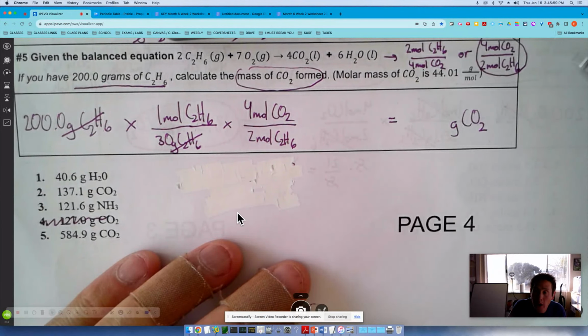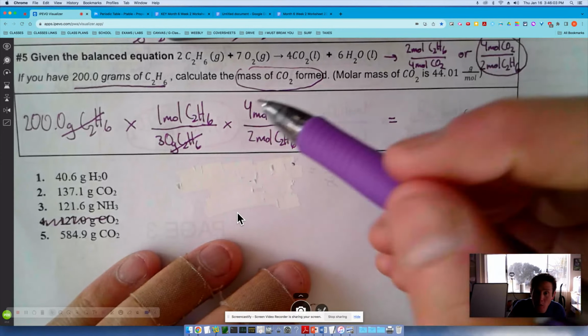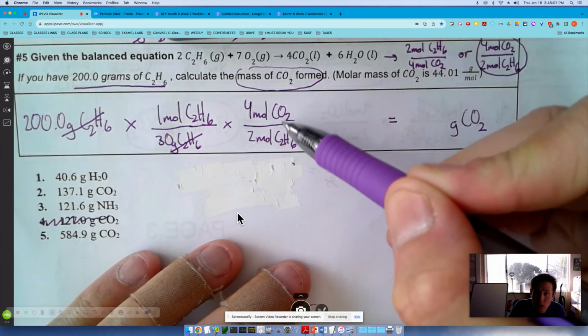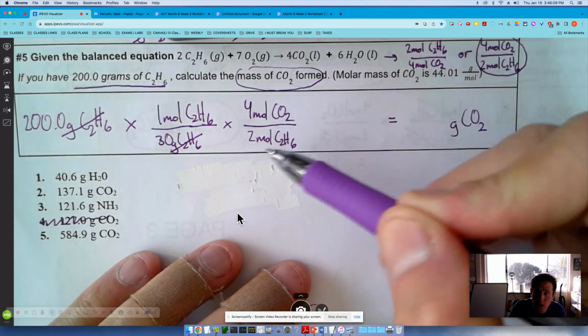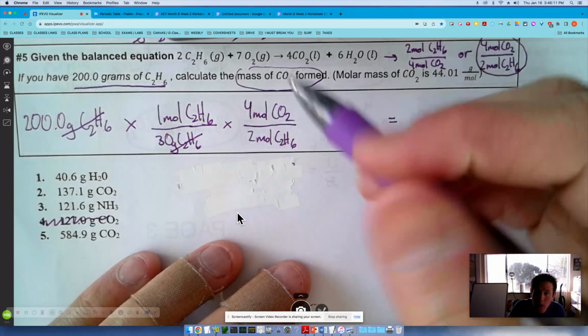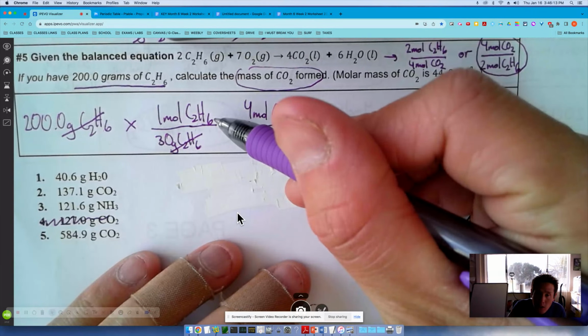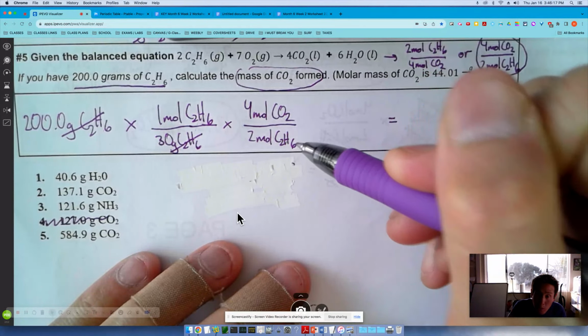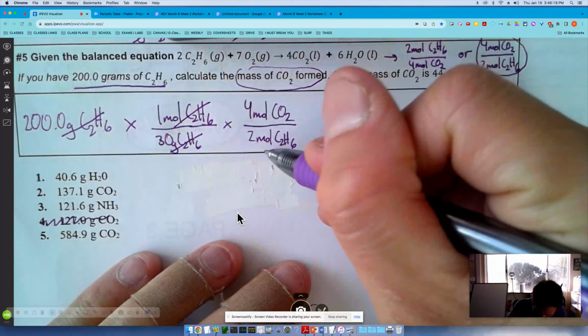Why did I choose this version? The reason is that when I multiply this by this fraction, the moles of C2H6 multiplied by the fraction where the moles of C2H6 occurs again on the bottom will ensure that they cancel out.